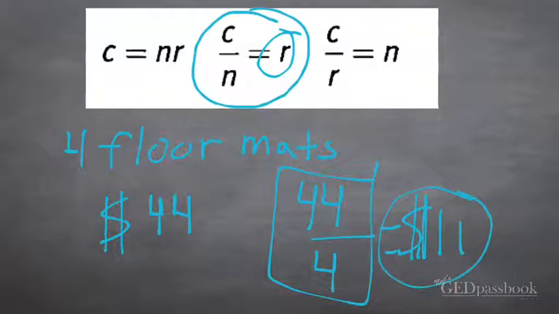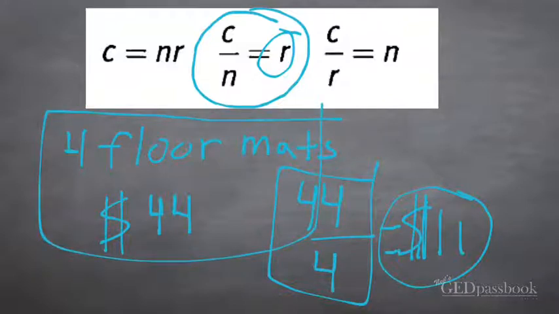Any questions? Any questions, you guys? Does it depend on how it's written out, even with the numbers? Yeah, it really does matter. Like the one I just used here, right? Here they gave us the cost. No, all the numbers are going to be the same. They're going to tell you 4 floor mats.